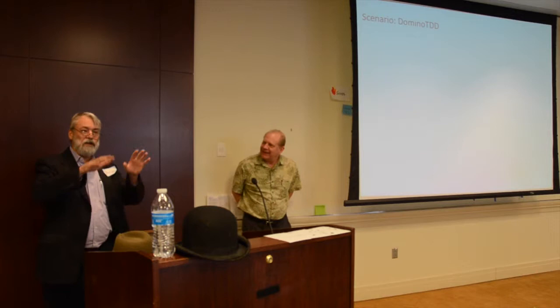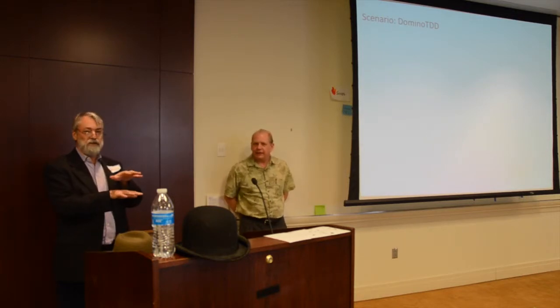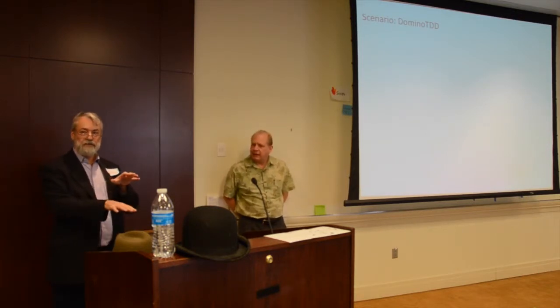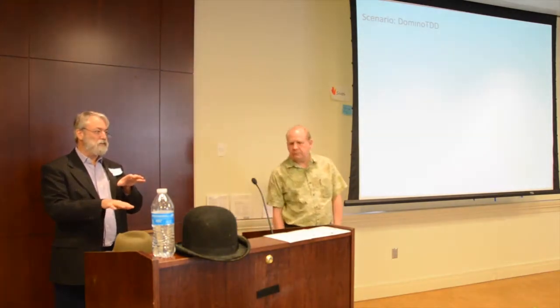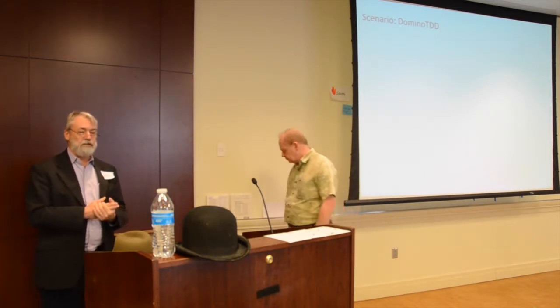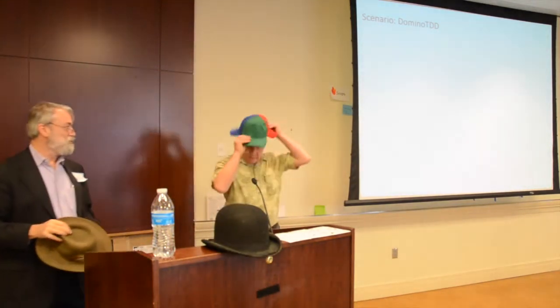So, George, what are we going to talk about? There are two levels of testing that we're going to deal with. One is the unit testing level, test-driven development, and the other is at the business level, acceptance test-driven development. We're going to be playing three roles up here: the role of the product owner, the role of the tester, and the role of the programmer.